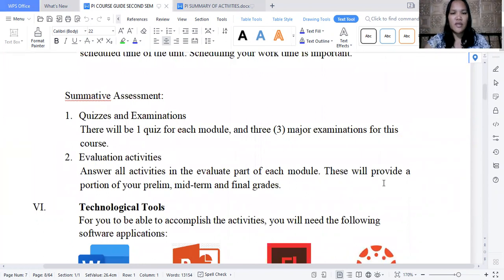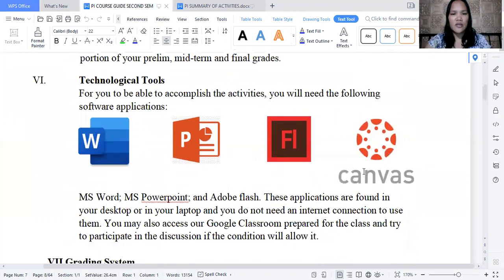Quizzes will also be given, and course evaluation activities. These are the different means that will be used.